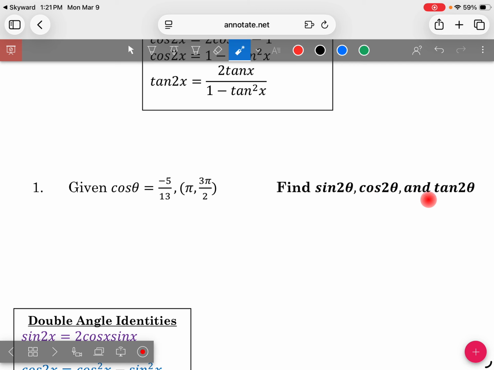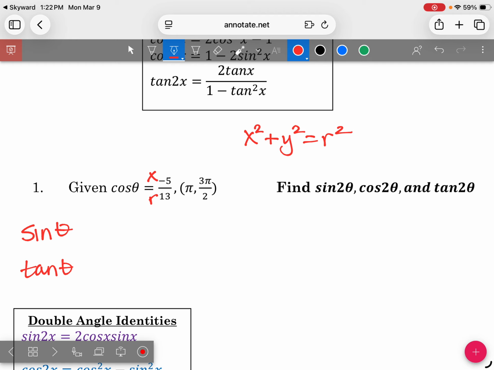So in order to find these, I need to know the sine of theta, and I need to know the tangent of theta. So this is going back to what we talked about in our first chapter. X squared plus y squared equals r squared. So this is a Pythagorean triple.